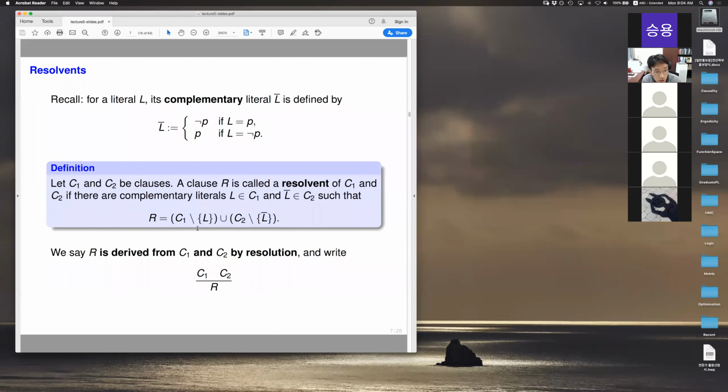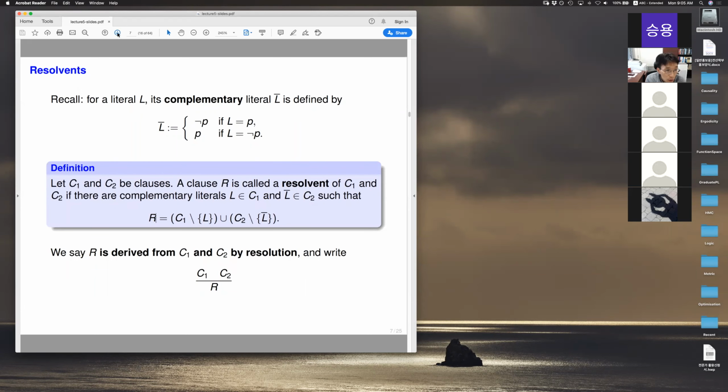Given C1 and C2, there may be multiple choices of R, and each one is called a resolvent. The process of obtaining a resolvent from two clauses C1 and C2 is called resolution, and it forms the key proof step in the resolution proof system.